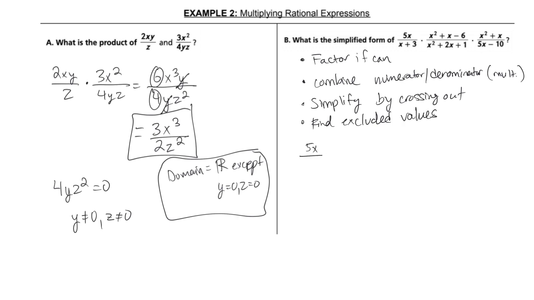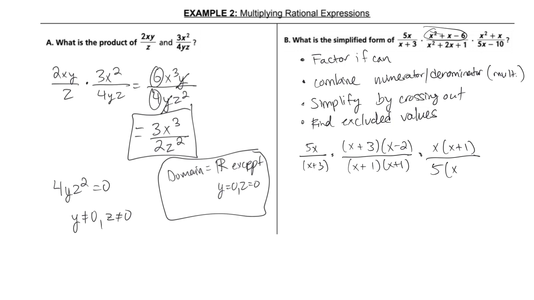So we get 5x and x plus 3 times, I'm going to factor out this x squared, so that will be x, what, plus 3 x minus 2 over x plus 1 times x plus 1 times x times x plus 1 over 5 times x minus 2.